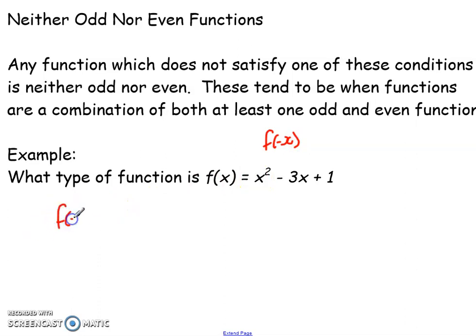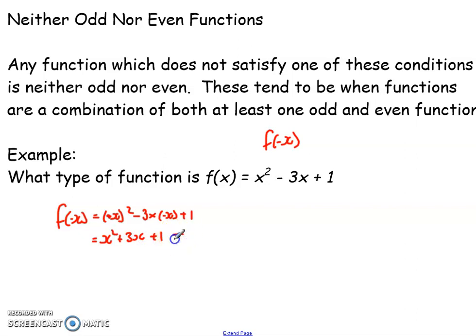So for this one, I'd do f of negative x, that equals negative x squared, take away 3 times negative x plus 1. So negative x squared, that's x squared, it's a good start. We've then got negative 3 times negative x, two negatives together, gives you a positive, so it's then plus 3x plus 1.